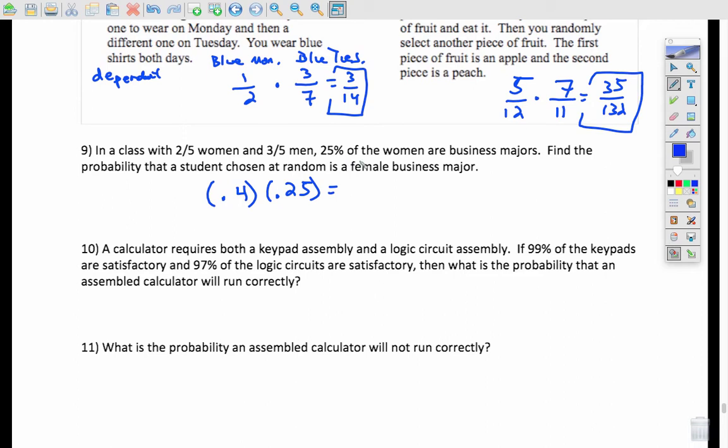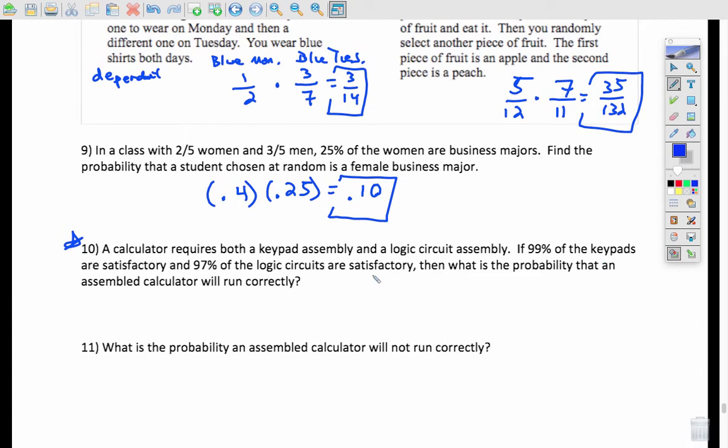Then, within that set of ladies, you have to choose a business major, and 25% of the women are business majors, so that probability is 0.25. So 0.10 is the probability that you select a female business major from the entire class.